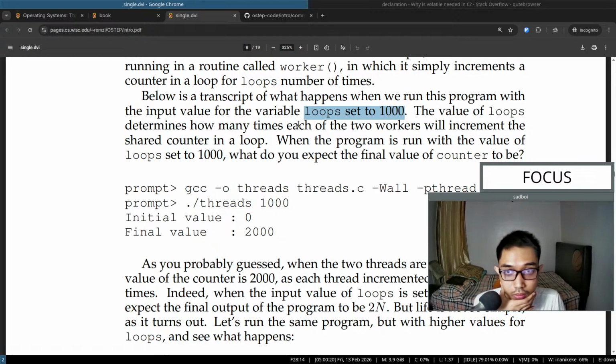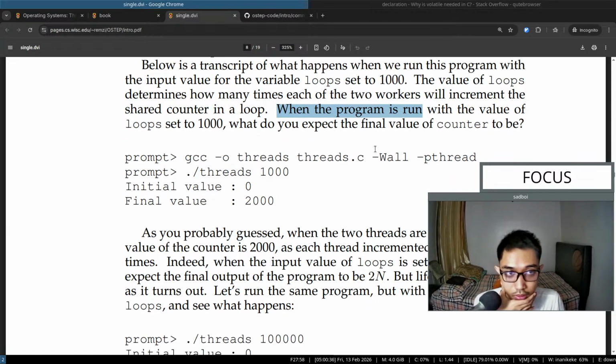The value of loops determines how many times each of the two workers will increment the shared counter in a loop. When the program is run with the value of loops set to 1000, what do you expect the final value of counter to be?